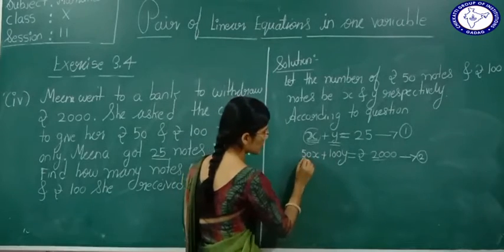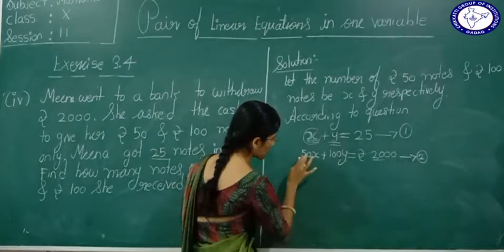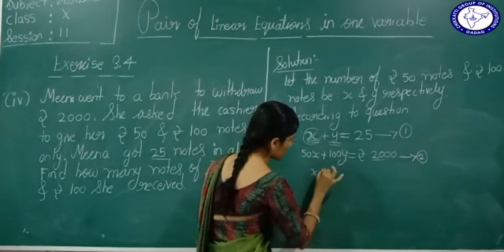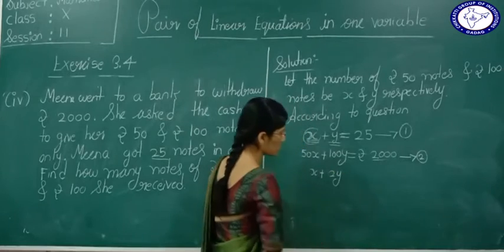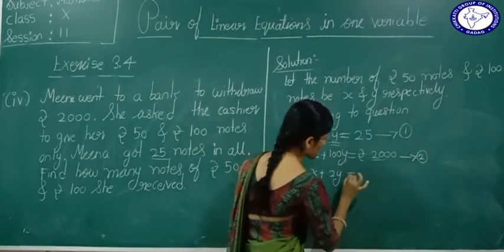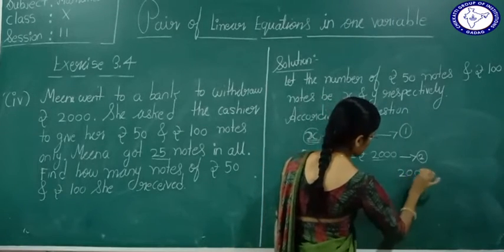So dividing both LHS and RHS by 50, what will we get? 50 divided by 50 is x, plus 100 divided by 50 is 2y, equal to 2000 divided by 50.